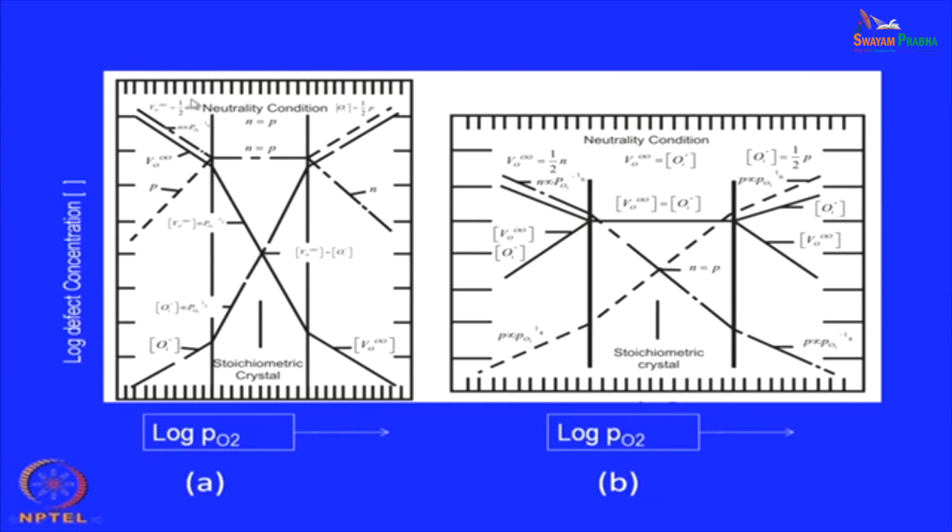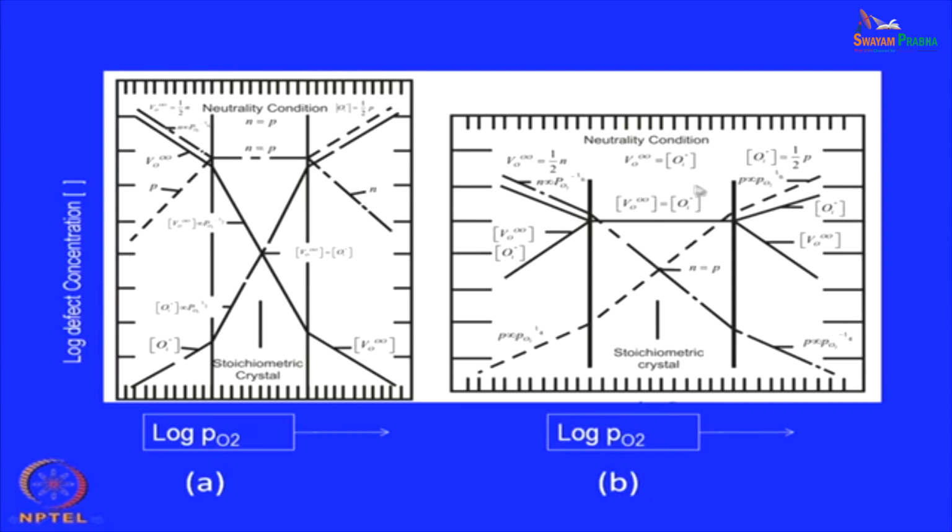So, if you have a material of this nature, basically an electronic conductor, and you go on increasing the PO2, at some point you will reach this. It is not known at what partial pressure, at what high pressure, and experimentally you may or may not reach it, but theoretically you are supposed to go to this.